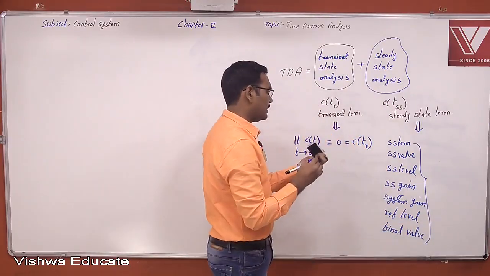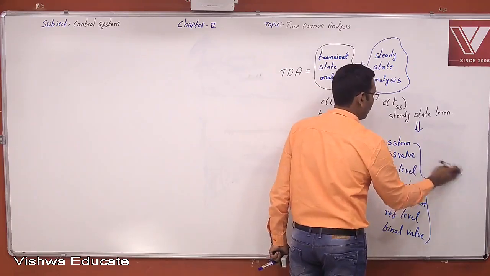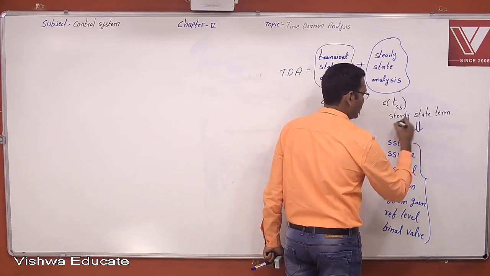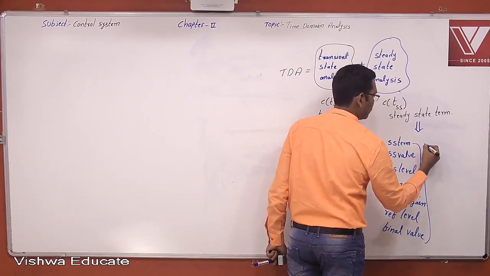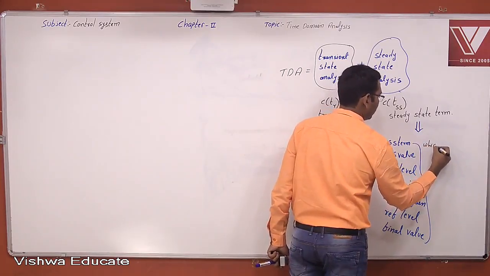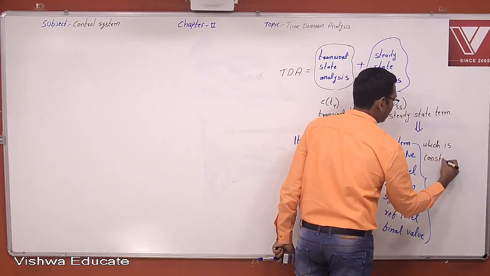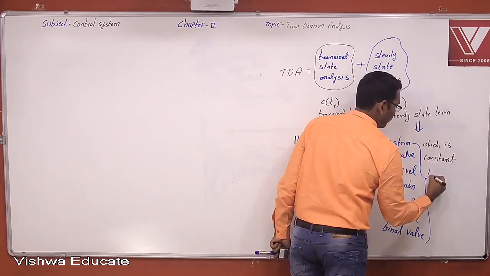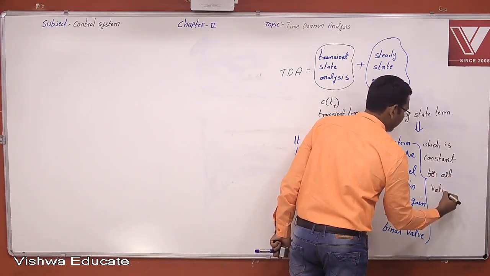Now this steady state term or steady state value or steady state level is a constant level, which is constant for all the values of time.